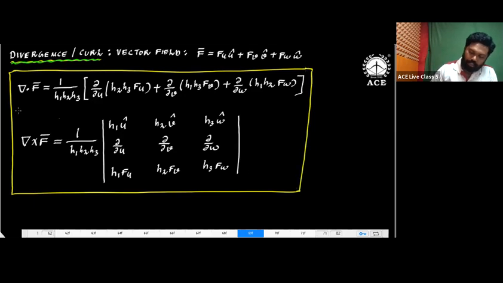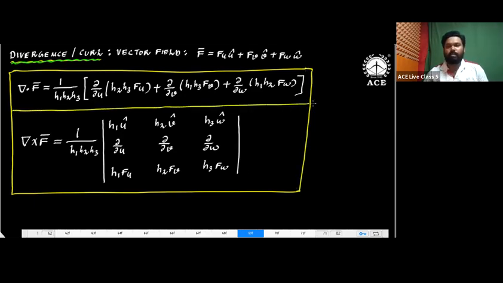Now can you write it for the Cartesian, cylindrical and spherical? I'm going to turn the page here. So what happens for the Cartesian? Here x, y, z. Scaling factors are 1, 1, 1.